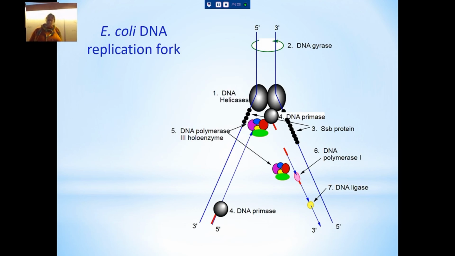It can activate systems in the cell to destroy single-stranded DNA. So part of the process of replication involves single-stranded binding proteins, which will immediately bind to the opened DNA, protecting it from degradation.